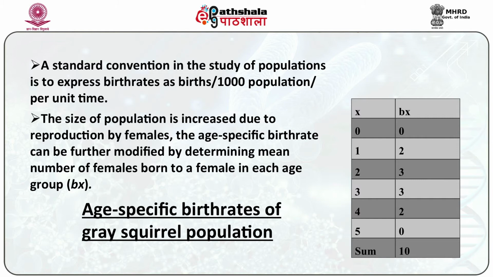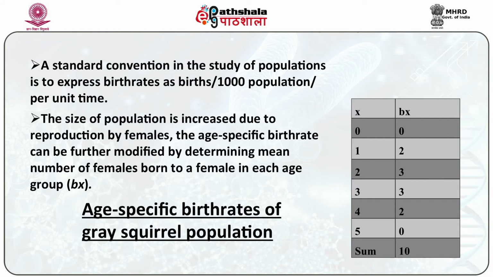By the age of 5, females cannot produce offspring, therefore the value of Bx again reaches 0. The summation of the Bx values of all age groups provides an estimate of the average number of female offspring produced by a female in her lifetime.